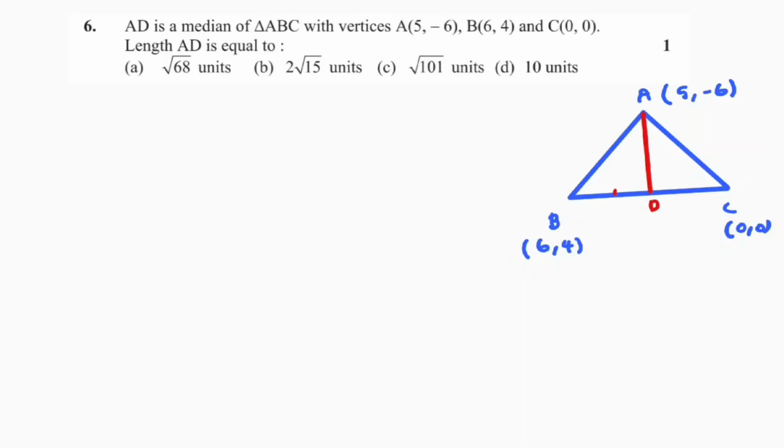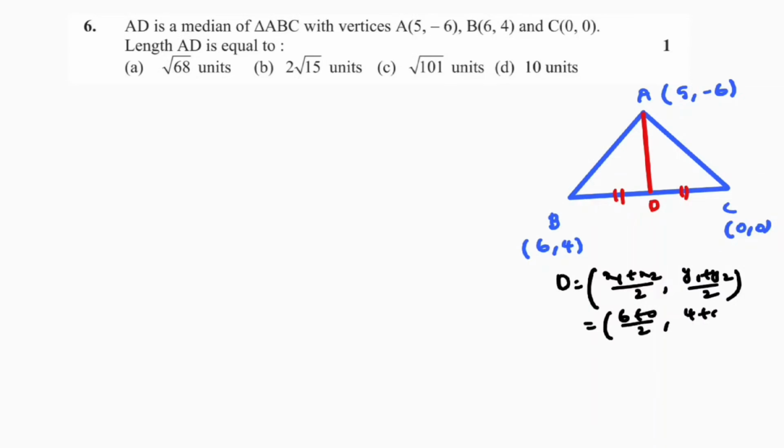So median means here D is the midpoint of BC. To find D, the formula is x1 plus x2 by 2, y1 plus y2 by 2. So 6 plus 0 by 2, 4 plus 0 by 2. So 6 by 2 is 3, 4 by 2 is 2. So D is 3, 2.